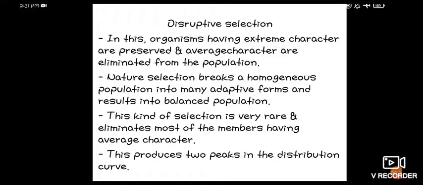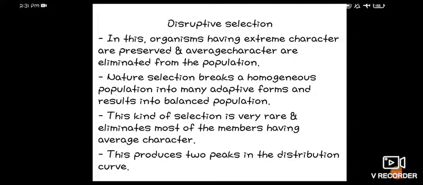That means if the average character is maintained, there will be homogeneity in the population. But in disruptive selection, both kinds of extreme characters get selected within the population, leading to balanced polymorphism. This kind of selection is very rare and eliminates most of the members having an average character.